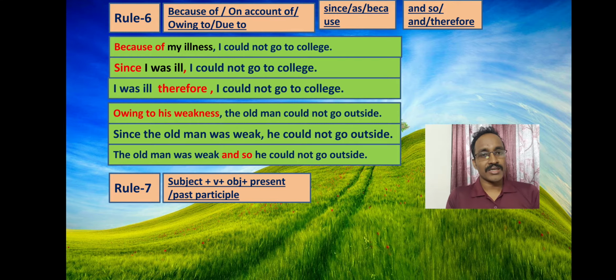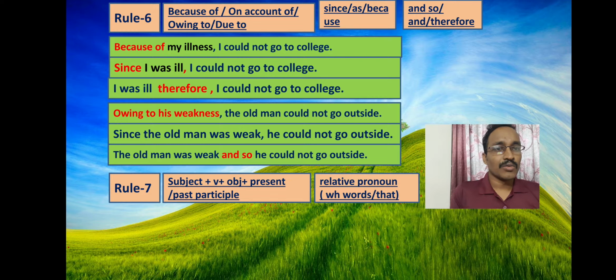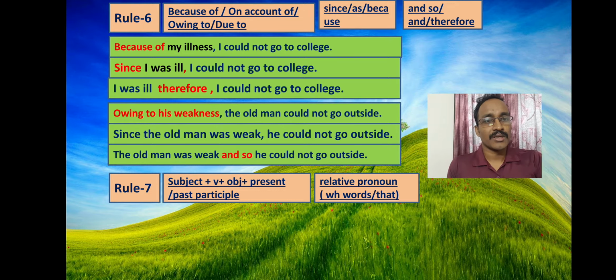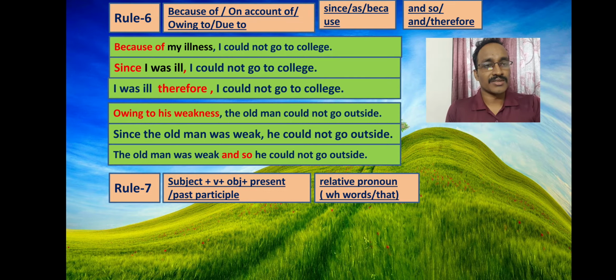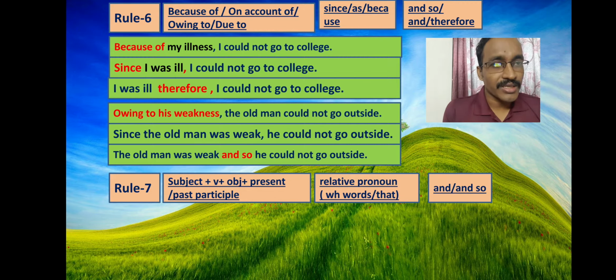In this case, we will use a relative pronoun to make it a complex sentence. Relative pronouns like who, whose, whom, what, and that can be used. To make it a compound sentence, we use and, or, and so.